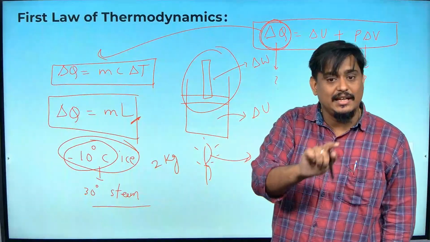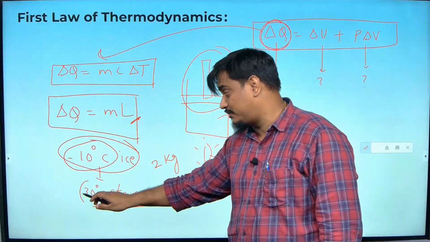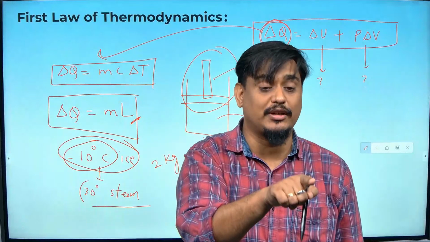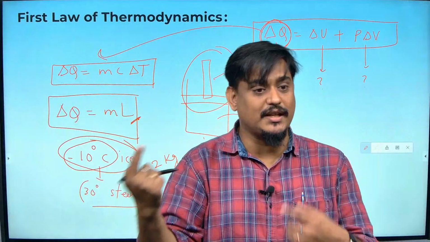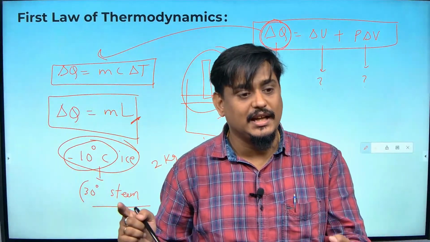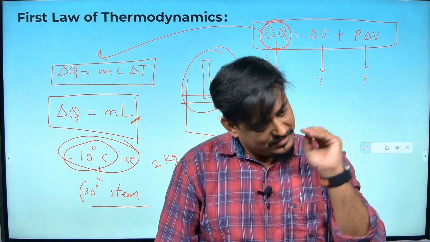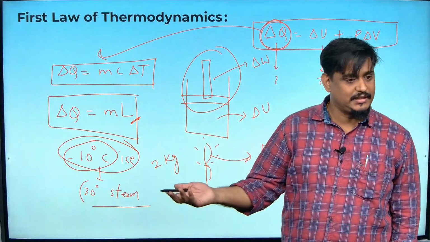Once again, the 0 degree water will become 100 degree water. What formula will you use for that? mc delta T, because water is changing from 0 degree to 100 degree. Then once again 100 degree water will become steam, for which you will use ml.